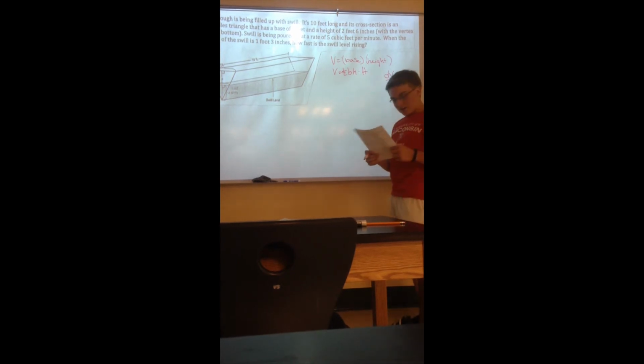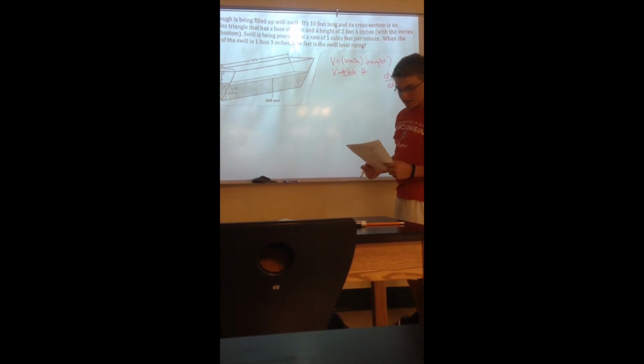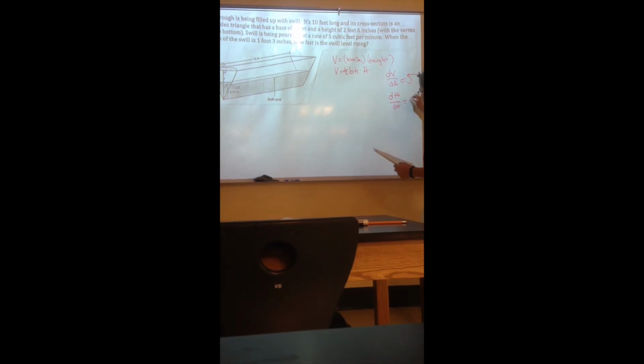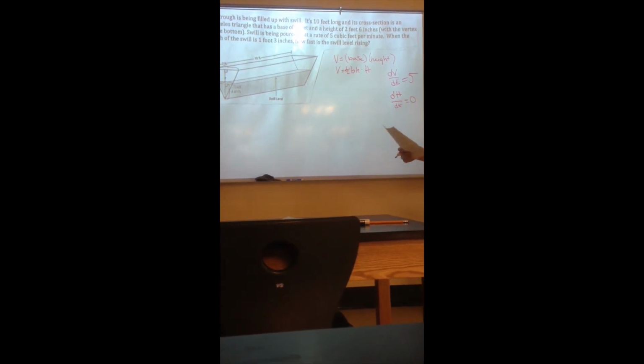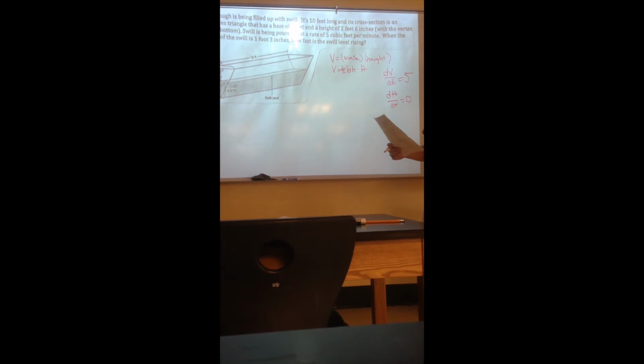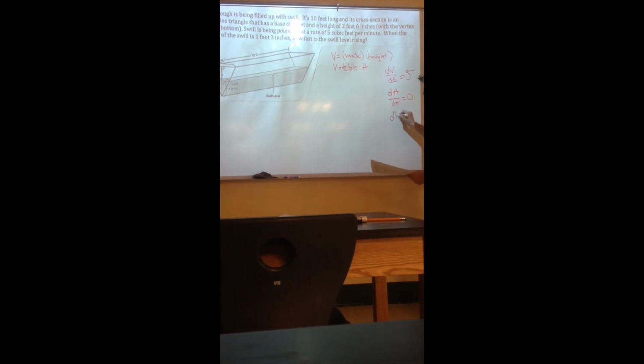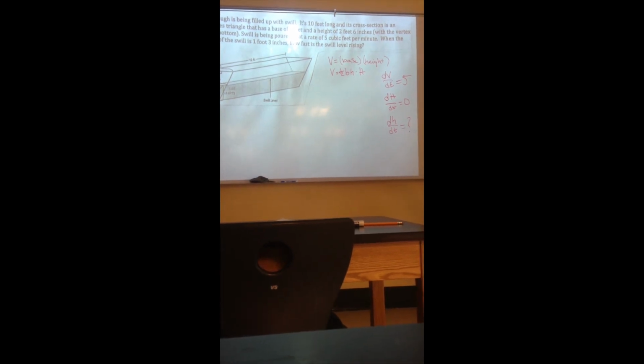We also know that the height of the trough is not changing, so dH over dt is equal to 0. What we do not know is how much the swill, or lowercase h, is rising. So we write dh over dt. That's what we're trying to find.